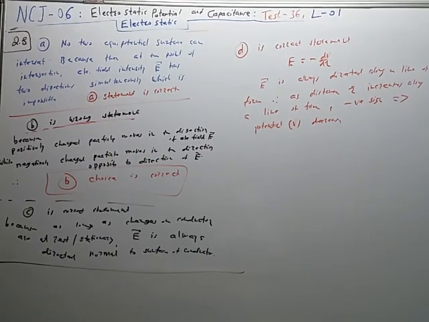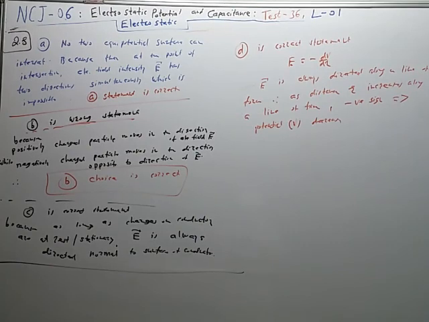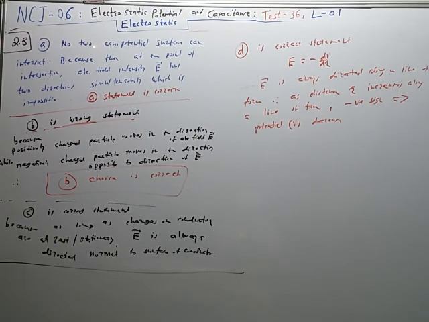So remember the type of the question. All the statements given A, B, C theoretically, and we have to select the wrong statement. So only B statement is wrong, therefore B choice is correct. A statement is correct because this is the result: electric field intensity is always perpendicular to the equipotential surface.